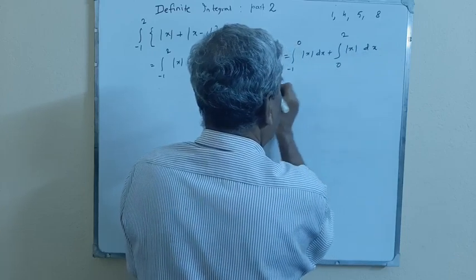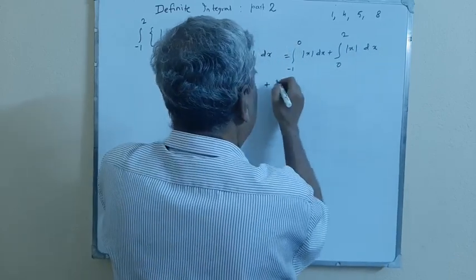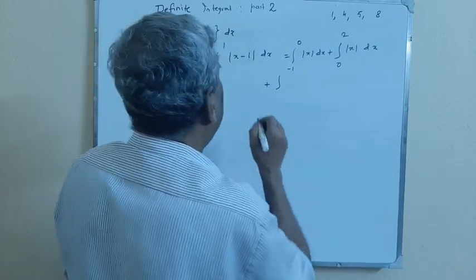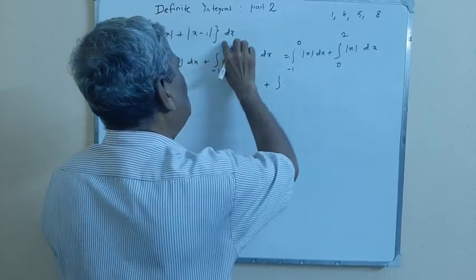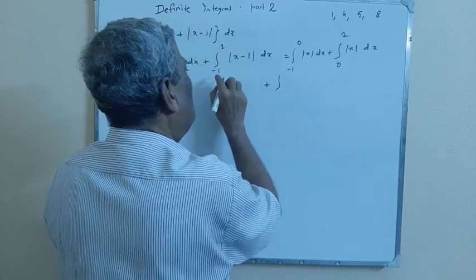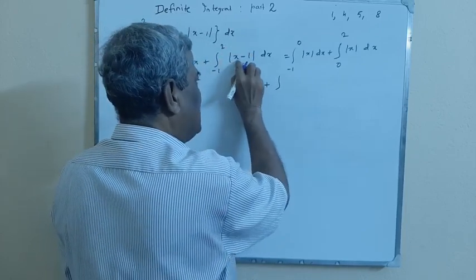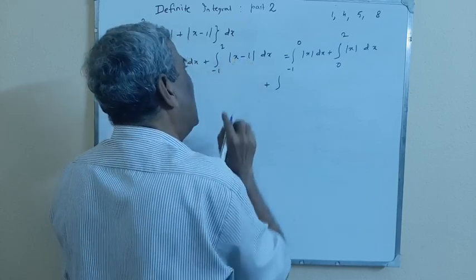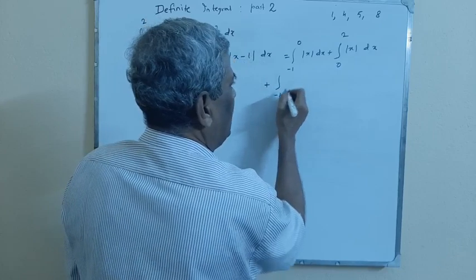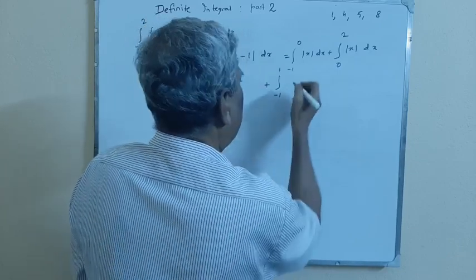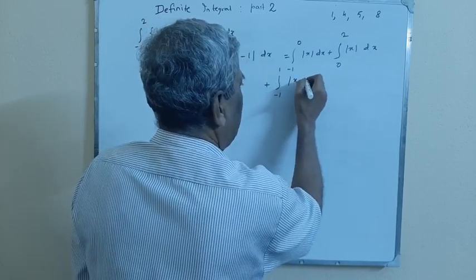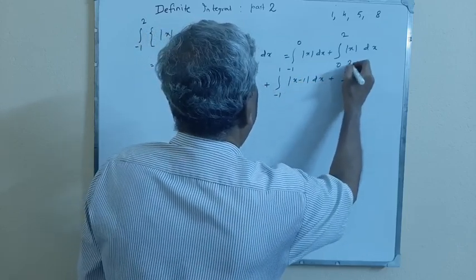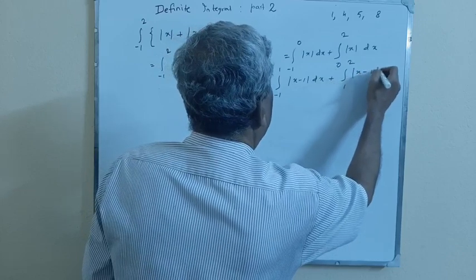By the same approach, for mod of x minus 1, from -1 to 1 it is negative, so we write -1 to 1 mod of x minus 1 plus 1 to 2 mod of x minus 1.